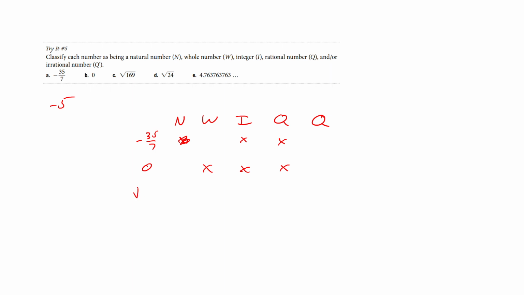Now the square root of 169 is 13. So this fits into all of those categories. And then lastly, okay, we're repeating here. So because we have the repeat, that makes it a rational number.